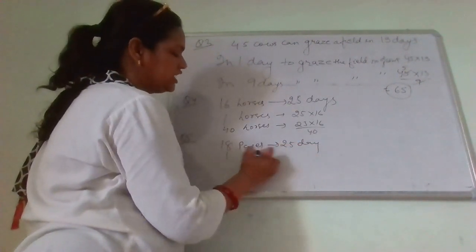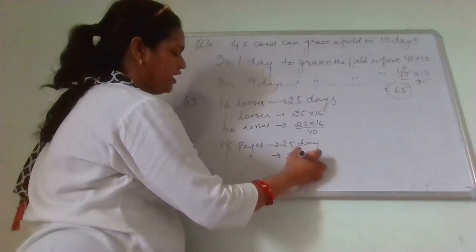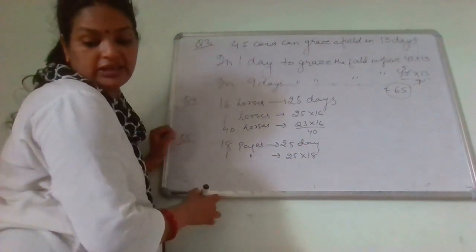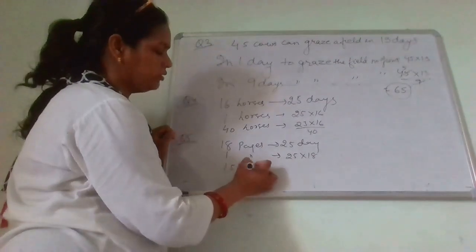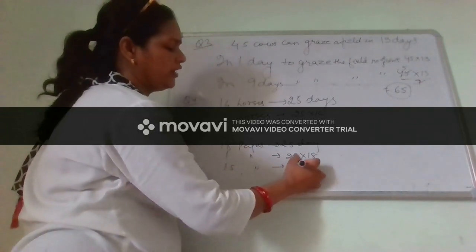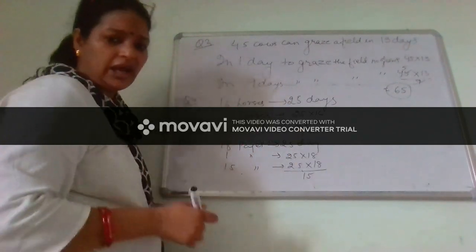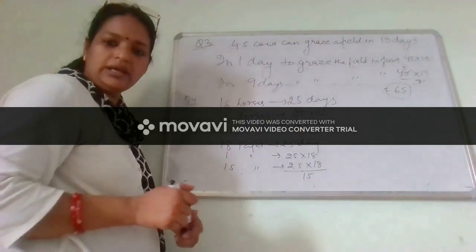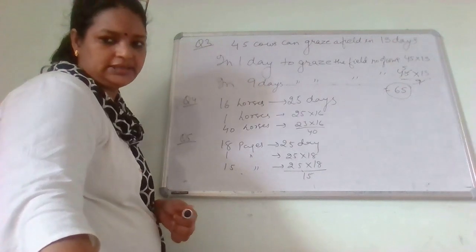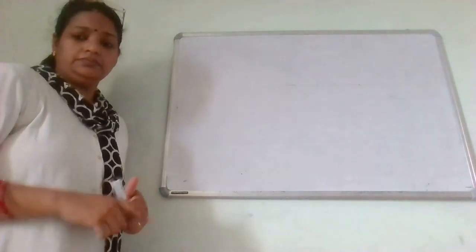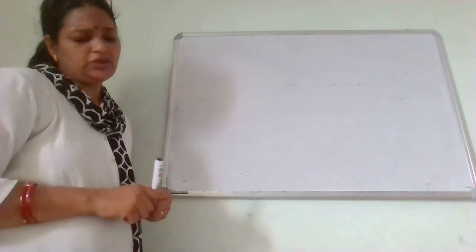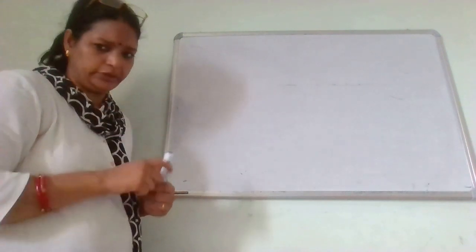So if one page daily, how many? 25 into 18 days. And then if she reads 15 pages regularly, then 25 into 18 by 15. Again you solve the question and you will get the answer, right? Question number 6 is similar, so I will not write it over here. You have to do it by yourself.